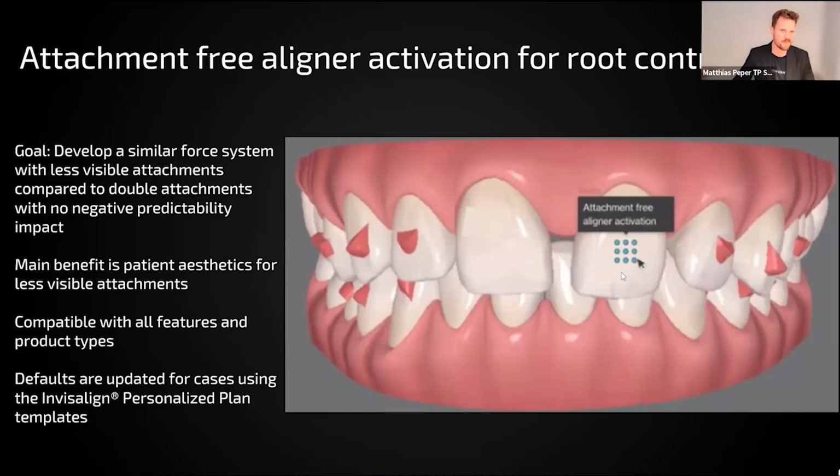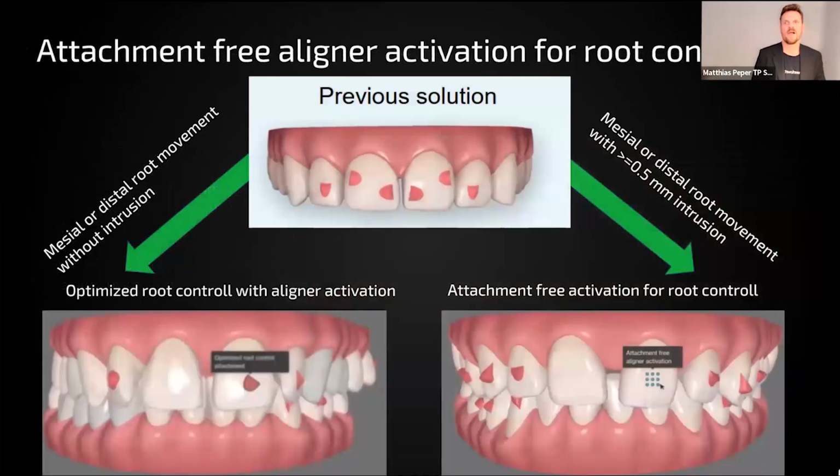So they are differently activated, but we need to understand that the attachment-free aligner activation for root control is for mesial or distal root movement without intrusion. So we have the optimized root control with aligner activation and mesial or distal root movements with less than 0.5 millimeter of intrusion. So we have the attachment-free activation for root control.